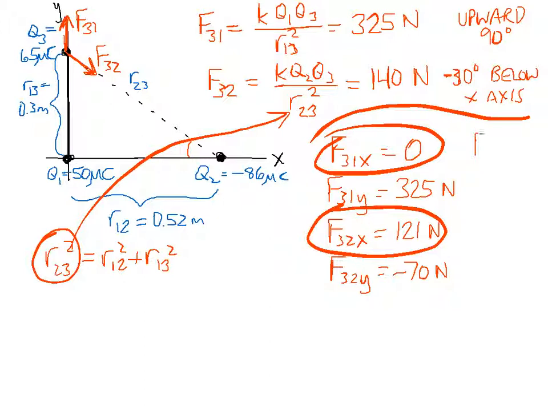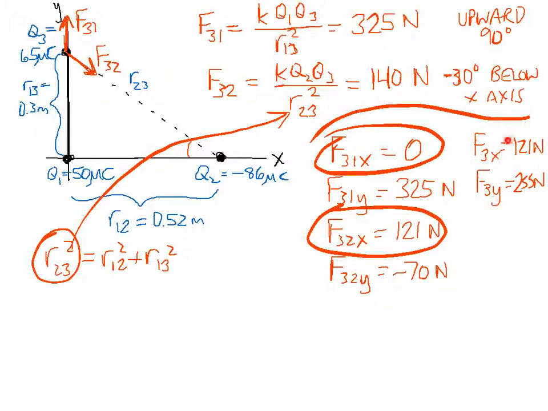Now we can add them together, the x components, F31x and F32x, so that'll give you the resultant vector, which I'm just going to call F3 in the x direction, is 121 newtons, and the F3 in the y direction is 255 newtons. And that comes from 325 minus the 70. So now we have the x and the y components of the total vector.